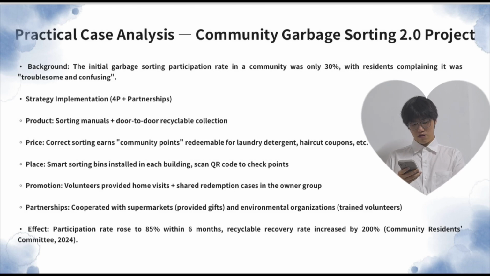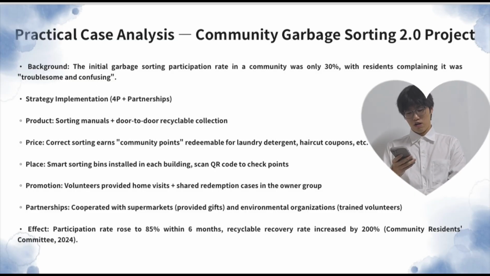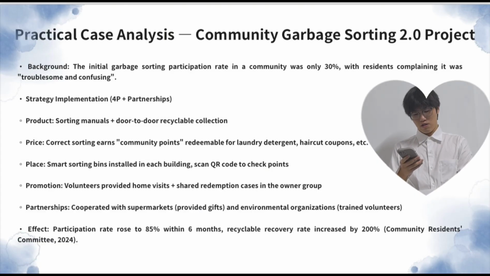Place: set up smart sorting bins in every building, and people could scan a QR code to check their points. Promotion: volunteers explain door-to-door and share exchange cases in the community WeChat group. Partnership: cooperated with supermarkets to provide gifts and environmental organizations to train volunteers.